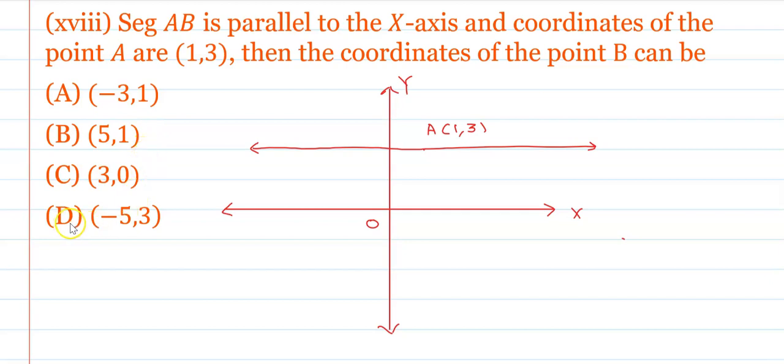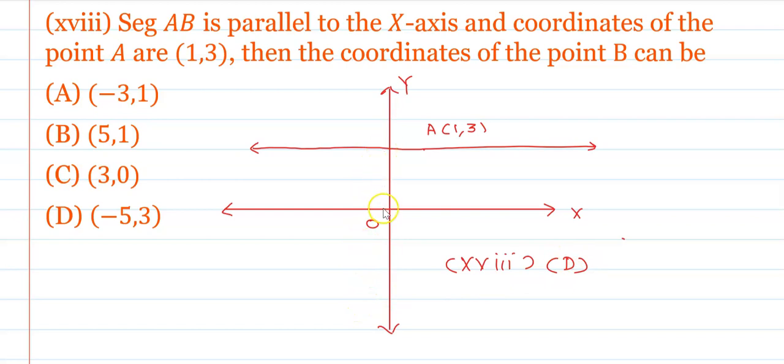The option D, that is (-5, 3). This is the correct one. Therefore the coordinate of the point B can be (-5, 3). Hence for question 18, the option D is the correct one.